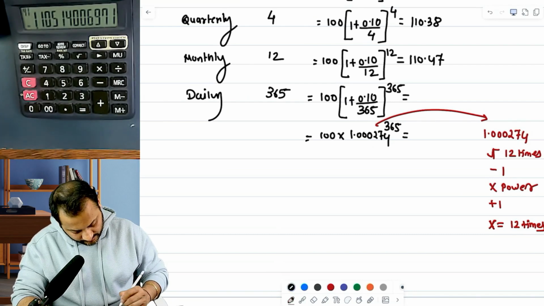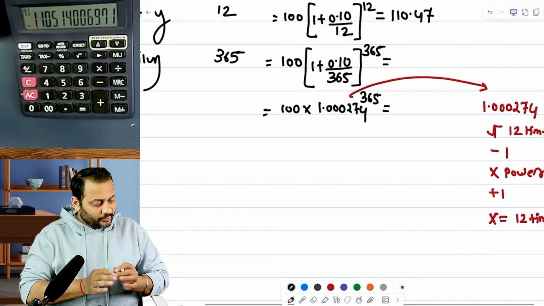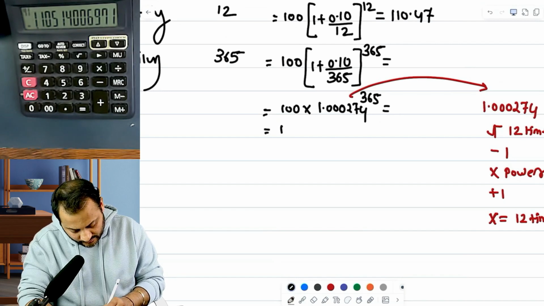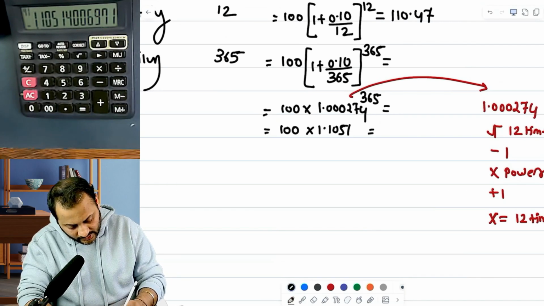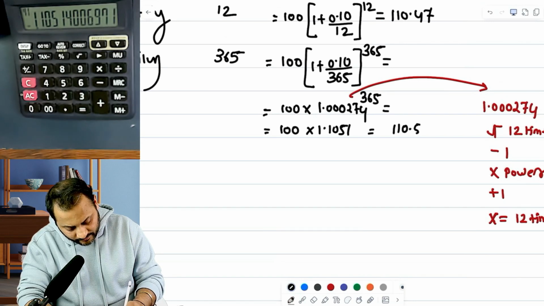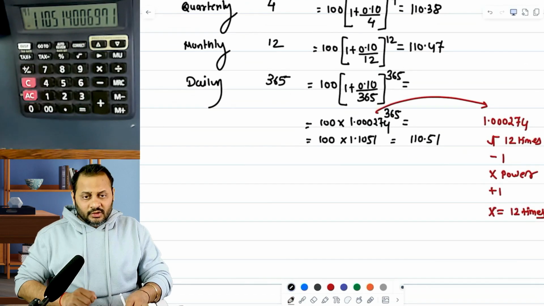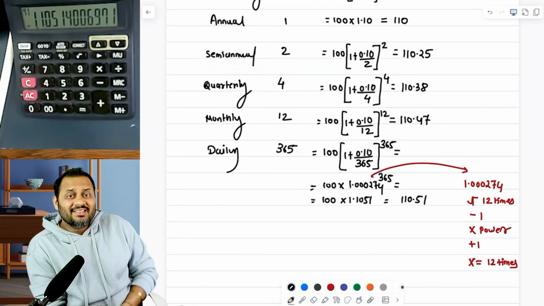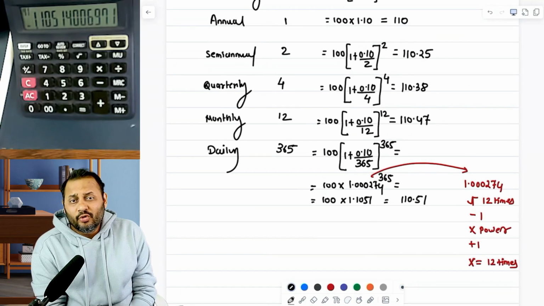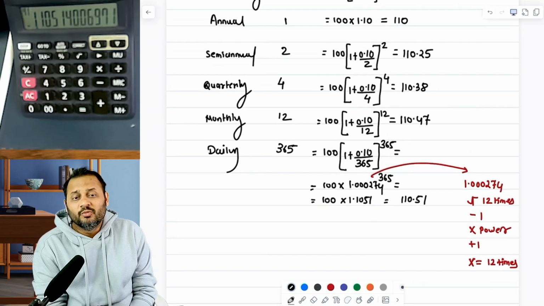Now it is giving me proper answer, 1.1051. So I will write it like this: 100 into 1.1051, and that is 110.51 that I am getting. So this is how your money or the wealth is increasing. The more you will get a compounding, the more will be your wealth.